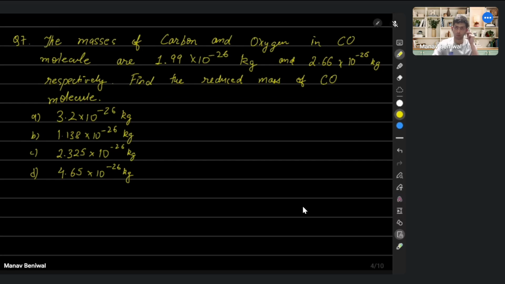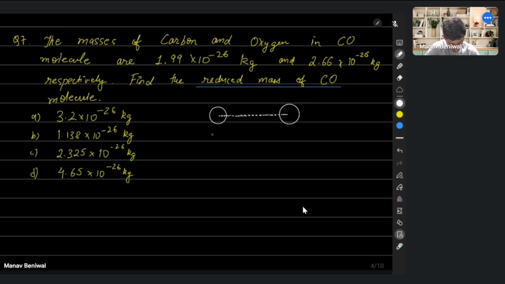Okay, so this is our next problem which we are going to solve now. What is this problem based on? This problem is based on the reduced mass of carbon monoxide, CO. We have two atoms, carbon and oxygen, and they are bonded.